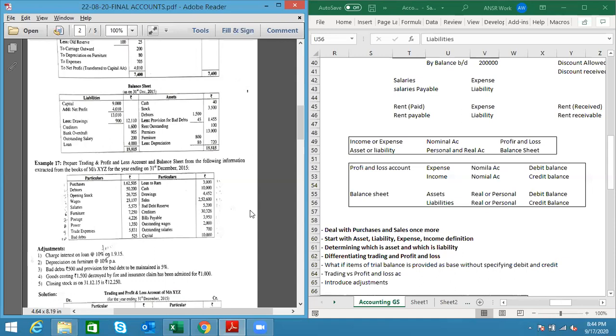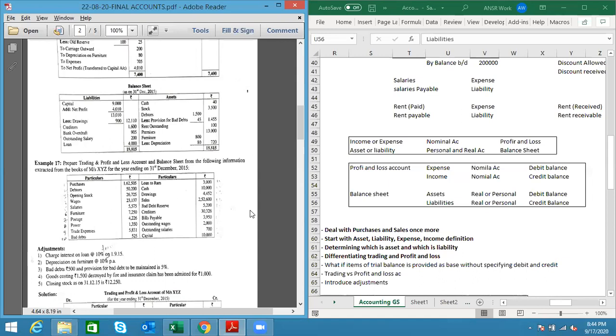So provision is nothing but when we have a particular expense, for example, salary. We know that for this month, we have to pay a certain amount of salary. However, suppose for this month, we have not paid. Suppose something has happened with the cash, we don't have enough balance in the bank book, and because of which you have not paid.